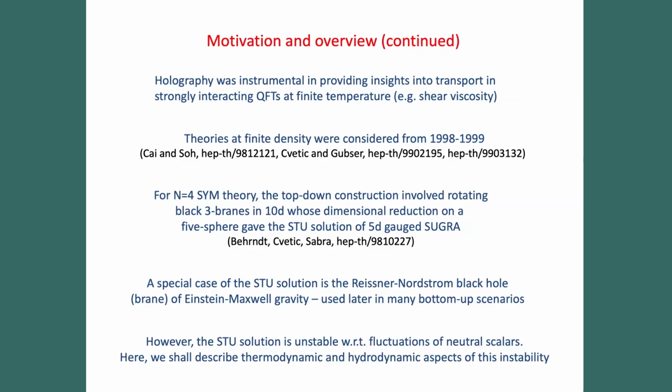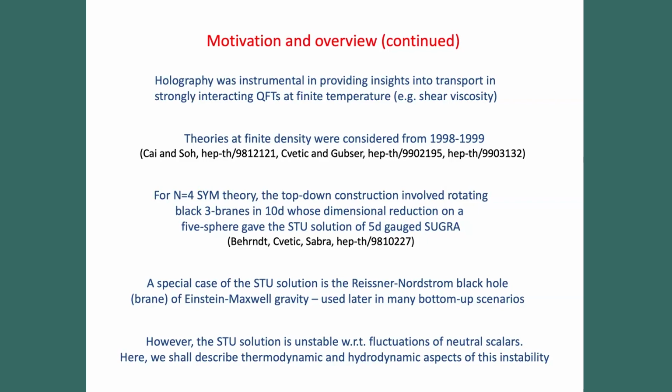Now, we will see in this talk that this STU solution is unstable with respect to fluctuations of neutral scalars. So this solution comes in the STU framework with a gauge field, but also with scalars. And the scalars are trivial in this background, so they are essentially equal to 0. But if you consider fluctuations of these neutral scalars, then you will see pretty easily that this solution is actually unstable.